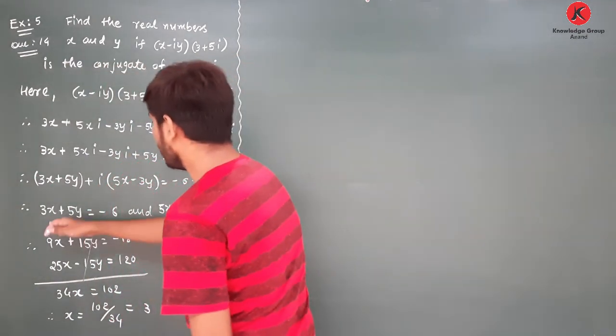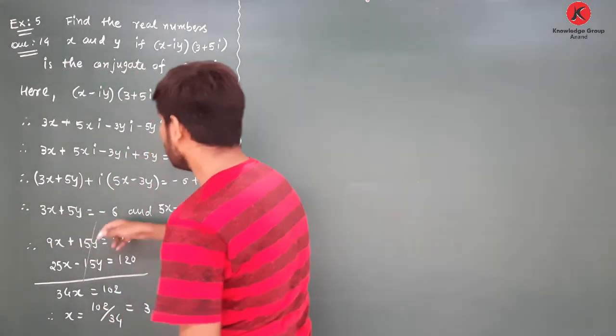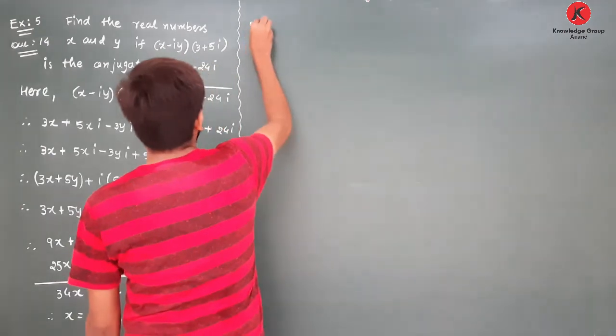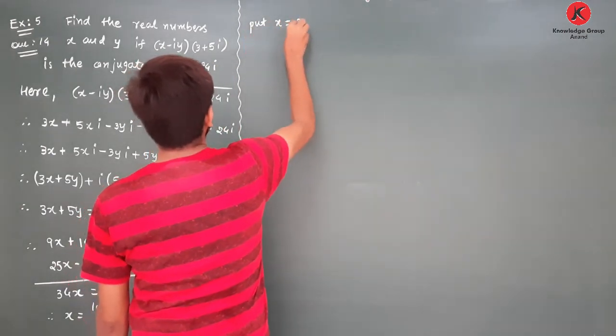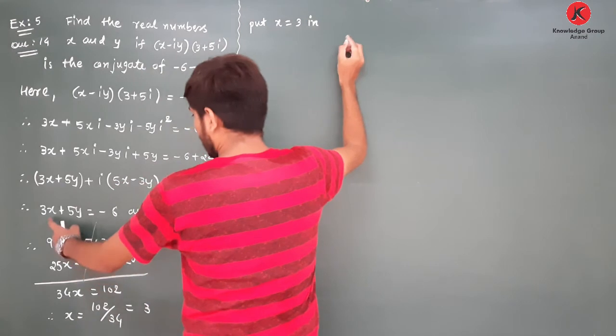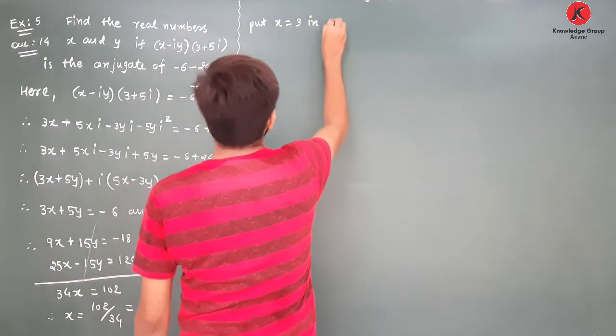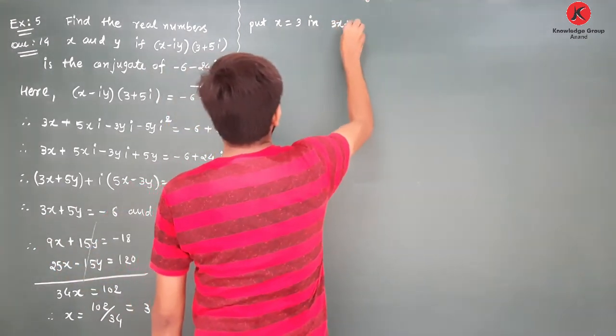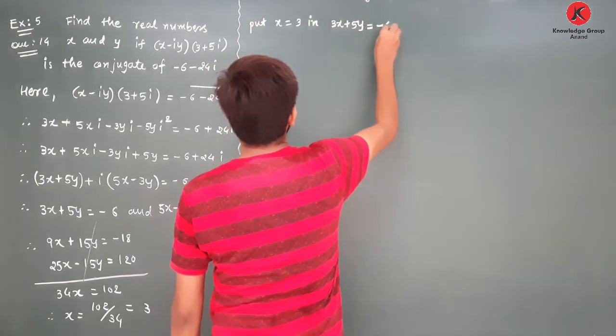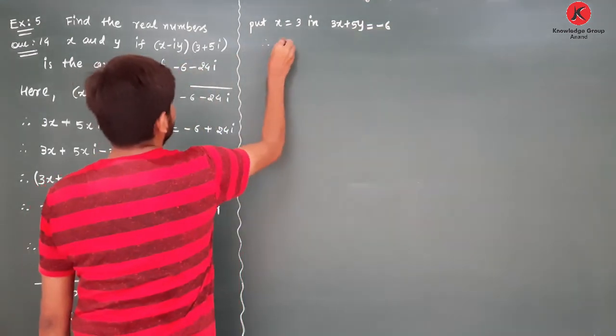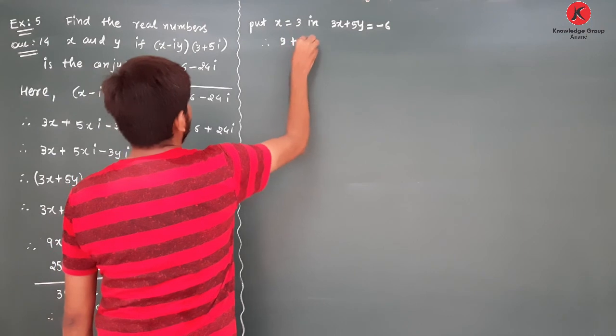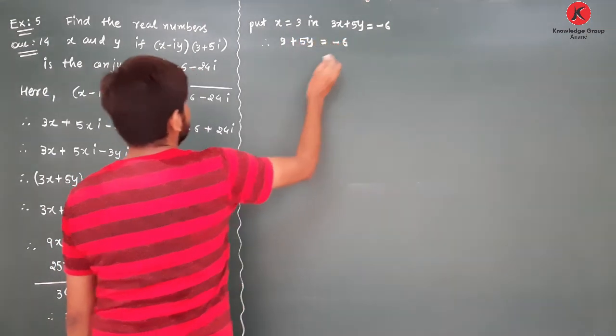Now put the value of x in any equation. Put x equals to 3 in this equation, 3x plus 5y equals to minus 6. Therefore 3 3s are 9 plus 5y equals to minus 6.